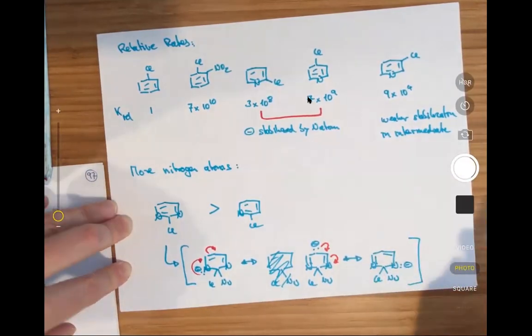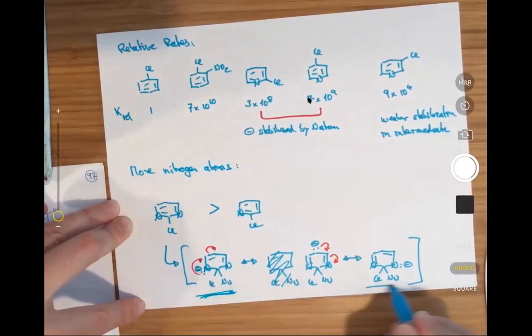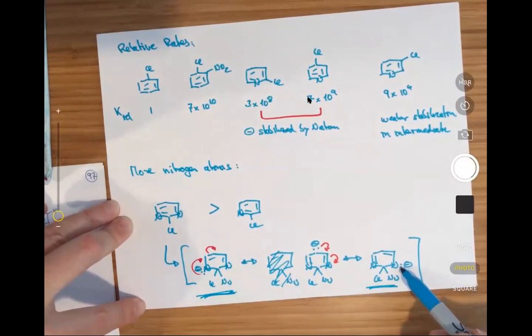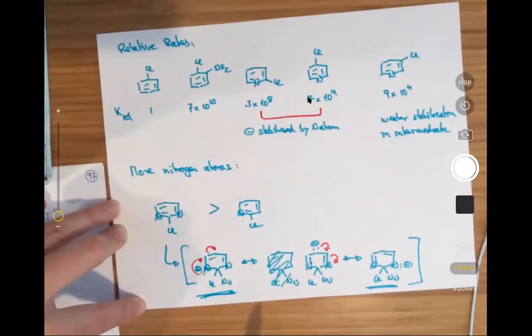So now you basically have two resonance structures, this one here and this one here, that place the negative charge on the most electronegative atom in the ring, on the nitrogen atoms. And this is essentially double the stabilization that you would expect to get from a simple pyridinic nitrogen atom in a ring.